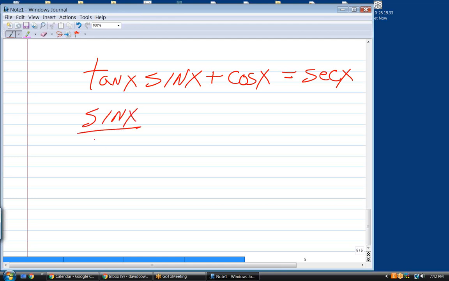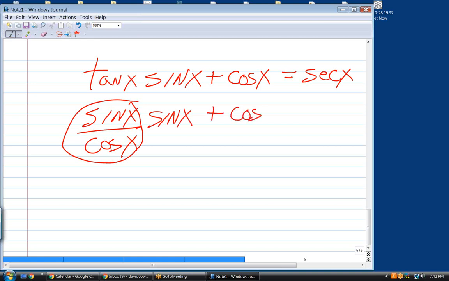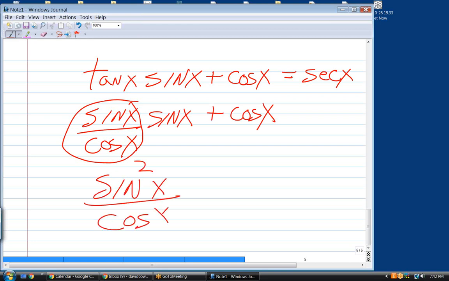I'm going to turn tangent into sine over cosine because of the quotient substitution. Okay, what does that give me? That gives me sine squared x over cosine x plus cosine x. Now, what am I going to do with that expression there?